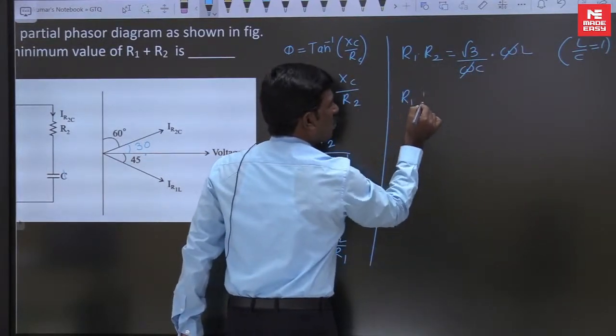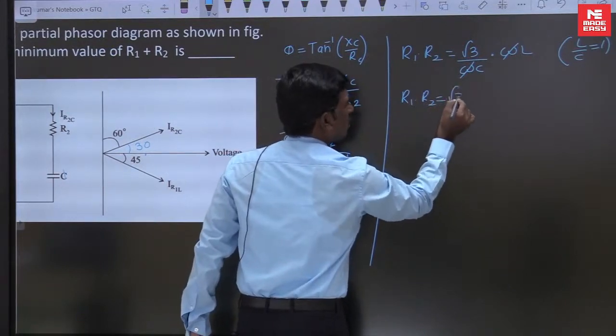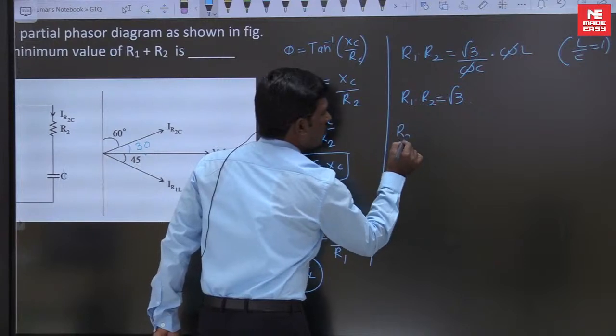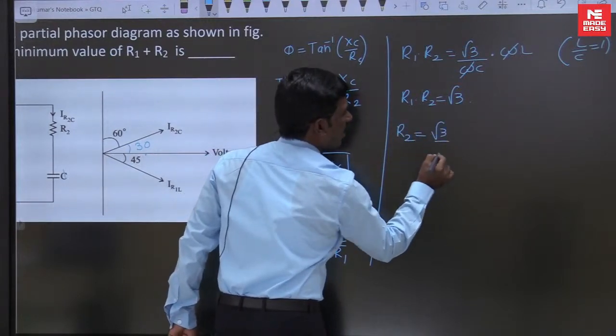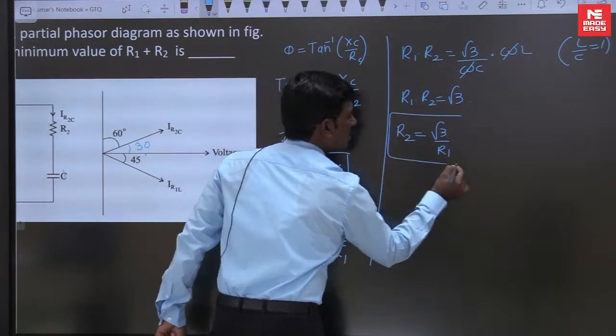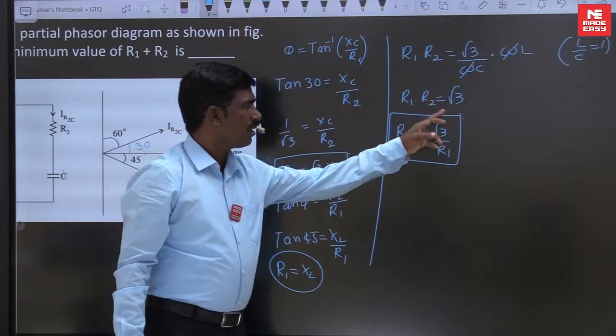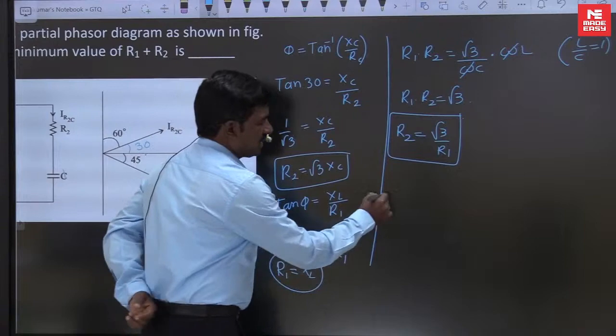So R1 R2 is equal to root 3. From this, R2 is equal to root 3 by R1. Now, for R1 plus R2, our intention is the minimum value.